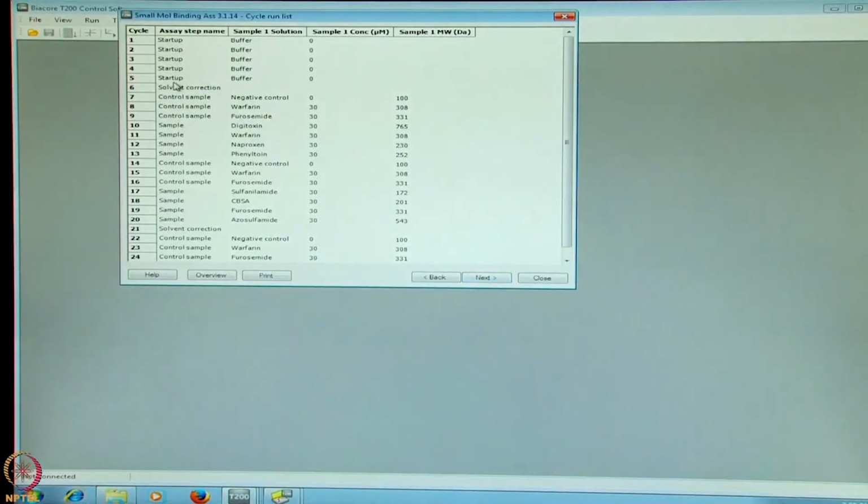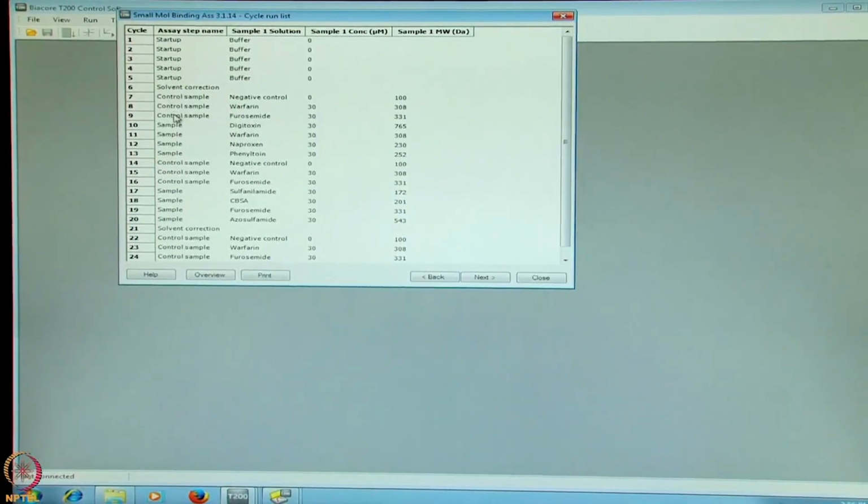We have 5 startups, 1 set of solvent correction of 8 runs injected here, and 3 sets of control samples which include negative and positive control.